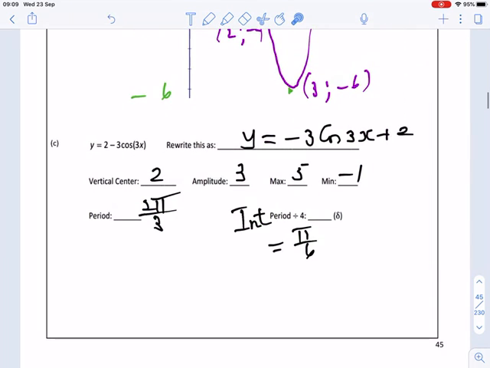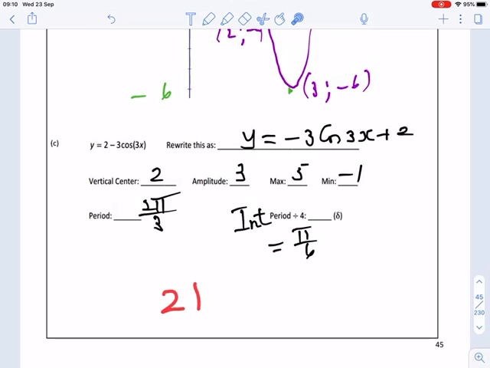Let's look at this cos graph. Okay, so I just rewrite this graph so that I can see that this is in the way that we are used to, A cos Bx, as I said. Okay, so the central position here is 2, so that should be the center. My amplitude should be the absolute value of the number in front. That gives me my 3.